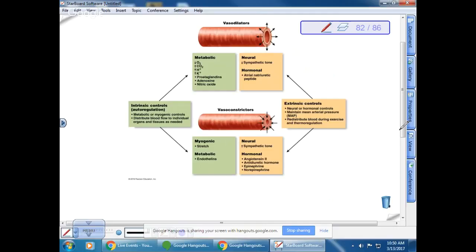Blood vessels will respond to stretch by constricting. We talked about those major arteries close to the heart, and when they stretch, they will contract, right? That keeps the blood flowing in a very smooth manner through the blood vessels. So blood tends to flow along the path of least resistance.